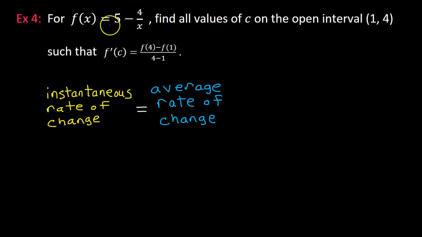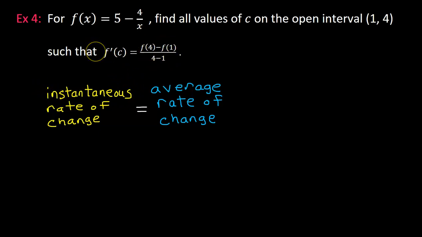For f of x equals 5 minus 4 divided by x, find all values of c on the open interval 1 to 4, such that f prime at c is equal to f at 4 minus f at 1 divided by 4 minus 1. So again, at a glance, this might look like gibberish, but think this.